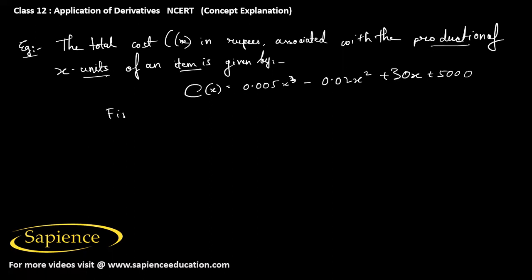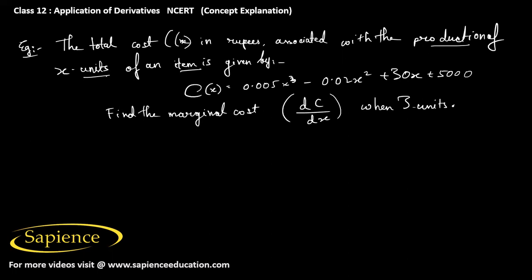Then it is asked to find the marginal cost when 3 units are produced. Marginal cost means we have to find the rate of change of cost with respect to the number of items. It means we have to find dc by dx, the value of dc by dx when x is equal to 3.